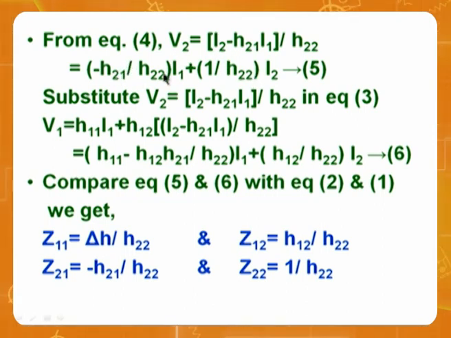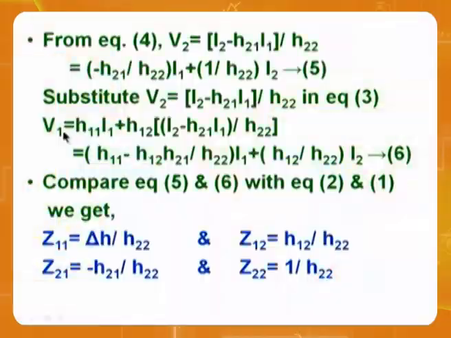Now what is that here? If you write the equation for V2, you can comfortably say this is Z21. See there? Z21. This is Z22. So that's how we can convert this equation. Similarly, if you write V1 equals H11 I1 plus H12 V2, actually we have V2 here, so we are converting again.